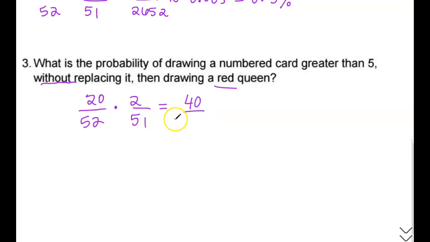And then we already have this number from the previous question. What can we divide both of these by? Divide by 4.